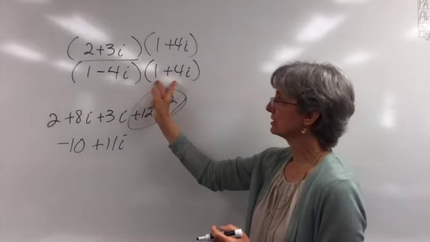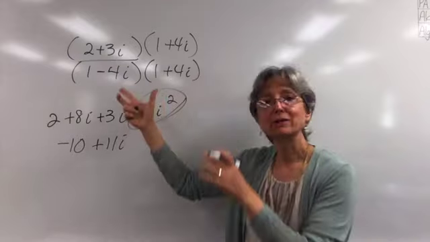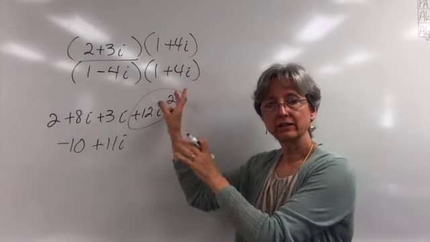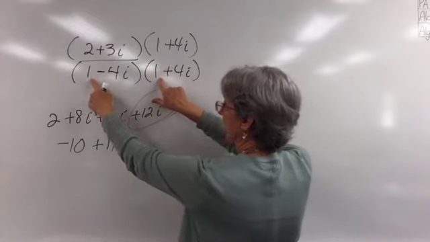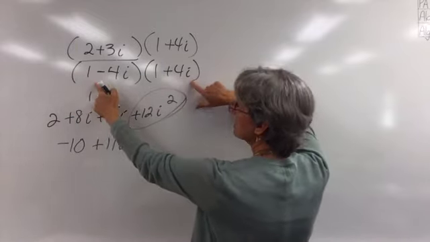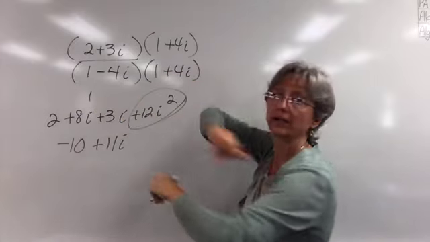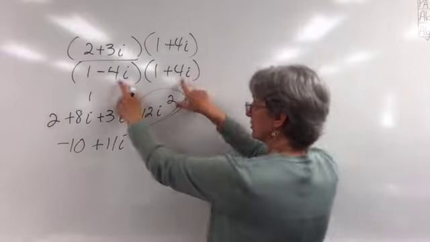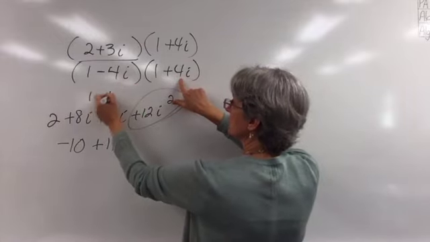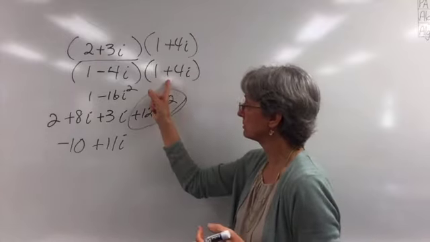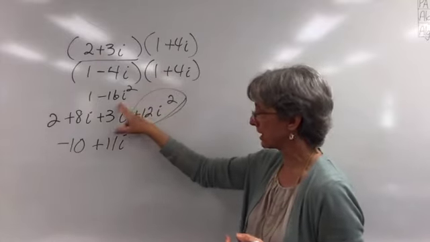Okay, now let's FOIL the denominator. Because it is a conjugate, I have 1 times 1, so that's 1. Positive 4i and negative 4i are just going to cancel out. I'm not even going to bother to write them. I'm just going to write this, which is negative 16i squared, isn't it? Do you see that? Negative times a positive, 4 times 4, and i times i.